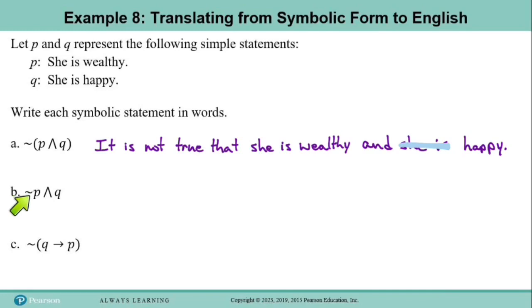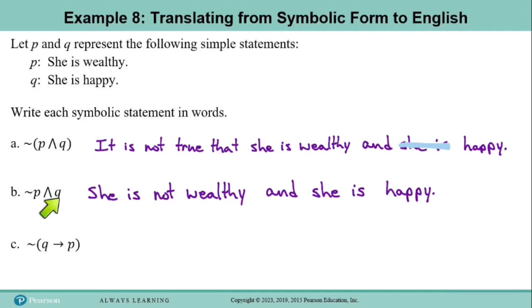Then in part B we have not P and Q. So we could say she is not wealthy and she is happy. Or because one is negative and one is positive, what we would probably say in English is she is not wealthy but she is happy. And that's the same, that's logically equivalent.